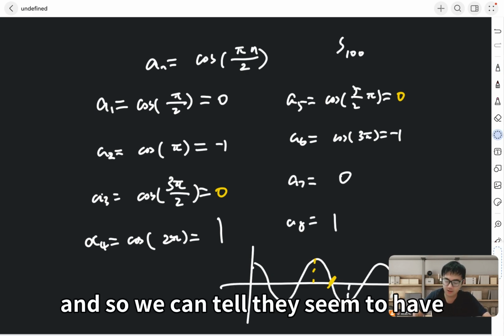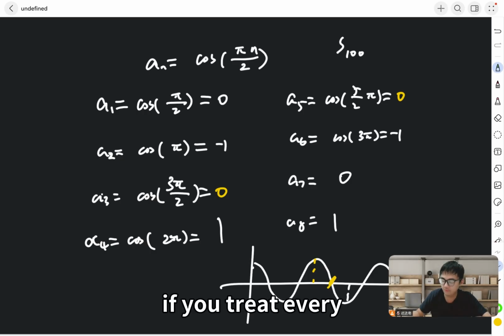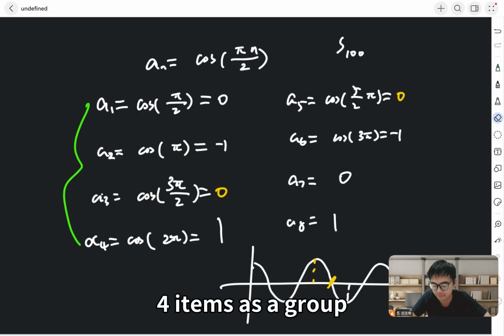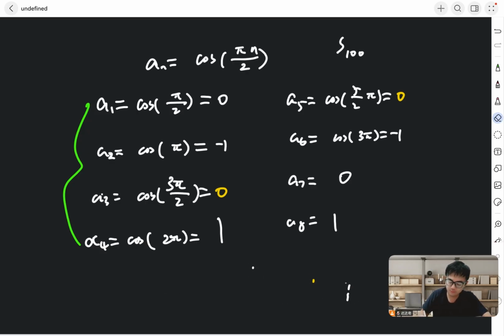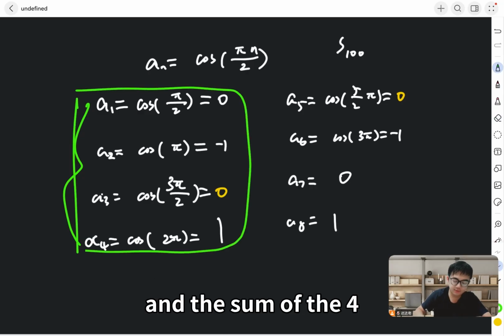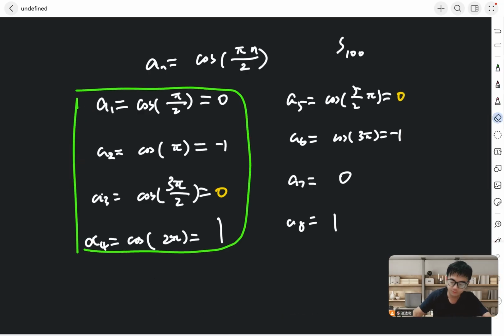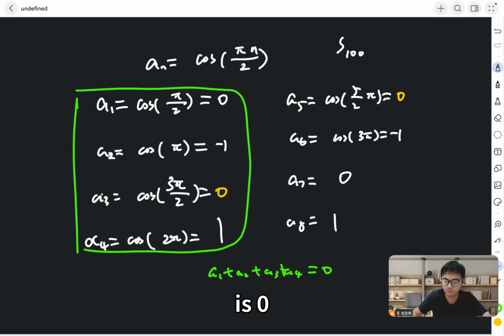So we can tell they seem to have a fixed pattern here. If you treat every 4 terms as a group, this group itself is recurrent. The sum of the 4 terms, a1 plus a2 plus a3 plus a4, is 0.